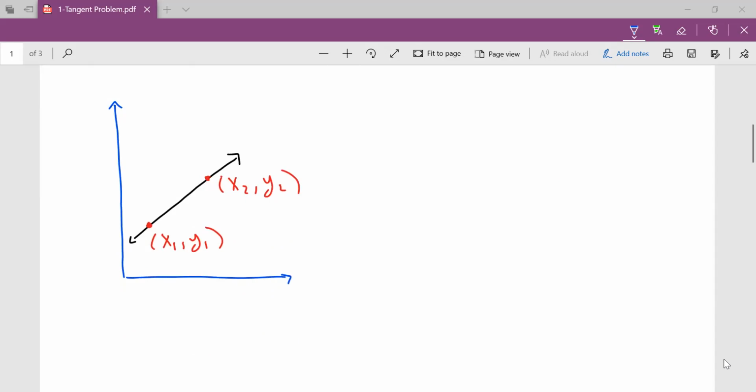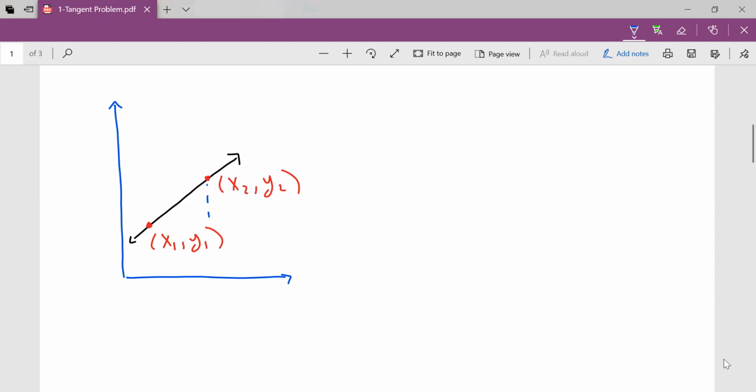I've drawn us a nice little graph of something we would have had in 10C, a nice little linear looking graph. You can see I've labeled a couple points, x1, y1, x2, y2. What am I going to do here? Well, I want to start off by talking about the slope of this line. If you remember, to find the slope of the line, we would find the change in y over the change in x.